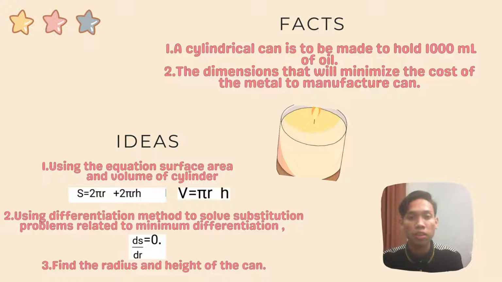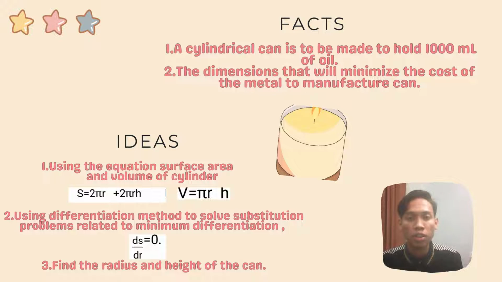After that, I will share with you the ideas that I have for this question. Firstly, using the equation surface area S equal to 2 pi r squared plus 2 pi r h, and the volume of the cylinder V equal to pi r squared h.